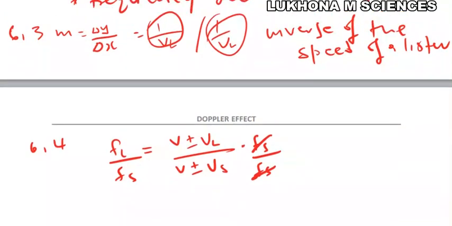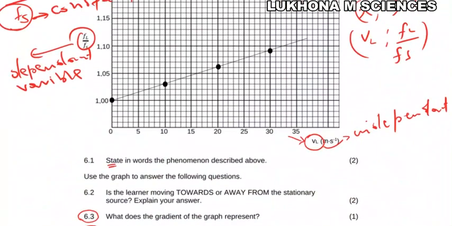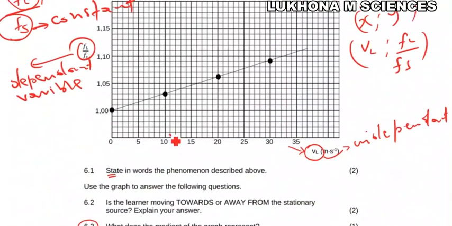If we look here, we can take any point. This point will give us these coordinates. Reading the scale, this is 1.03.